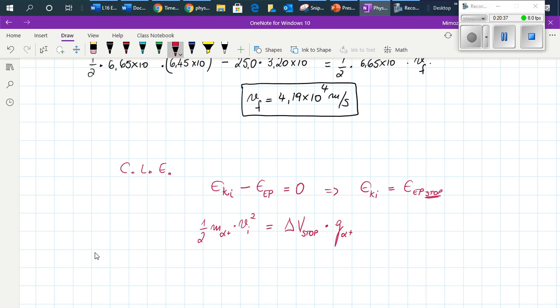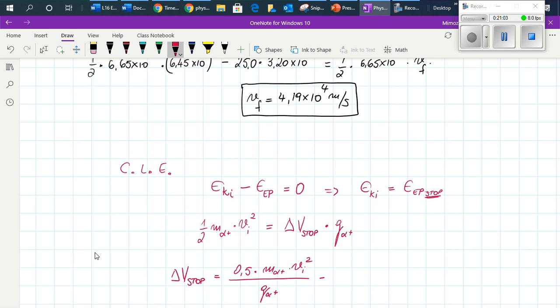So in terms of the formula, the change of voltage that will make the alpha particle stop is 0.5 times mass of alpha particle times initial velocity to the power of 2 over the charge of the alpha particle.